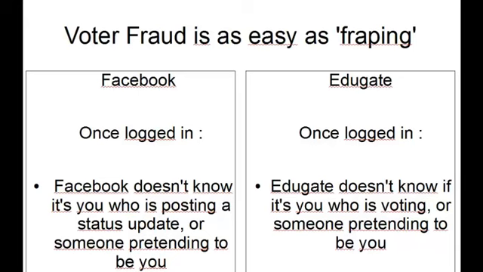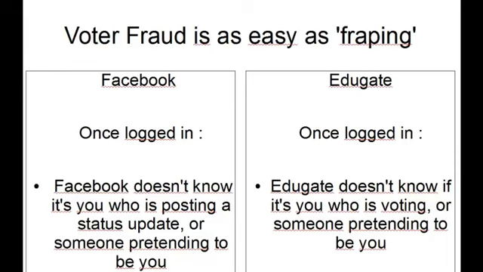I think we've all experienced fraping. You leave yourself logged in and you walk away from your laptop, you come back and someone's posted something like, oh, I'm a paedophile or whatever. It's pretty easy to do, and because Edugate works in the same way, it's pretty easy to do as well. You leave yourself logged in and you walk away, and someone comes along and votes on your behalf.